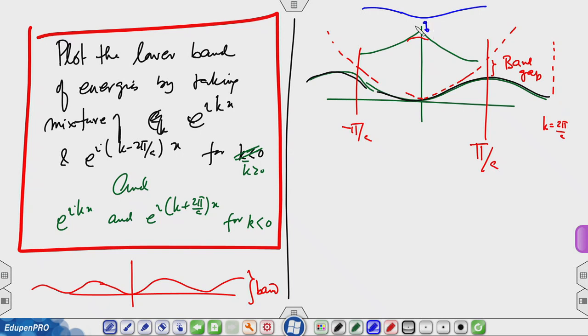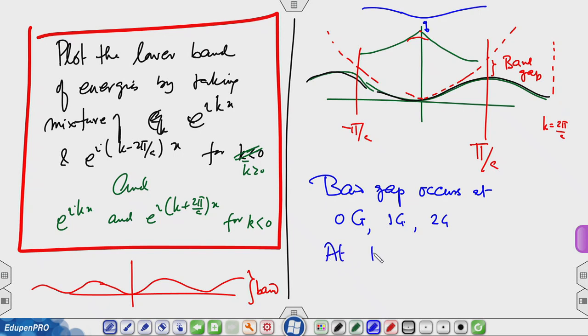So, here also there is a band gap, right. So, this band gap occurs at 0G, 1G, 2G, or if you take the Brillouin zone, you shift the whole thing. So, at Brillouin zone boundaries.